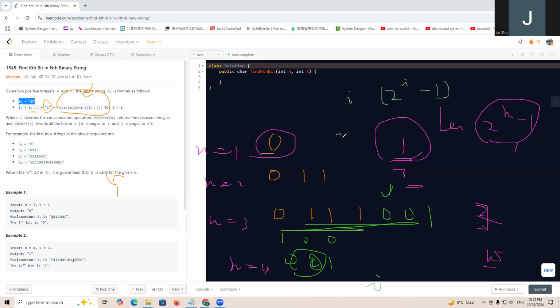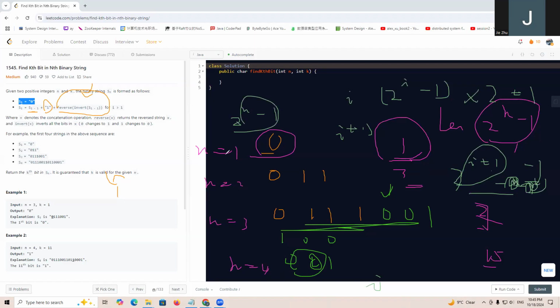So for i plus 1, it is this one multiplied by 2 plus 1, so that is 2 power i plus 1 minus 2 plus 1, which is 2 power i plus 1 minus 1. That proves that the length will be 2 power n minus 1. So we can do this kind of question in a recursive way.